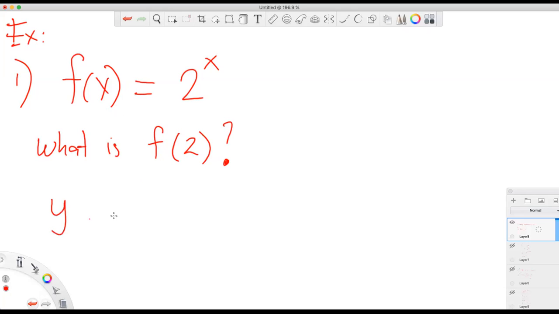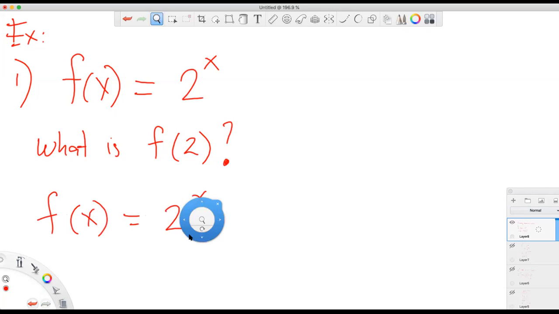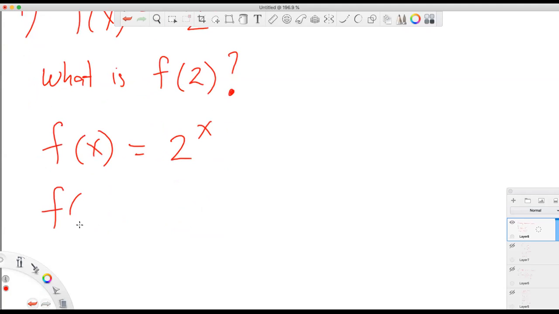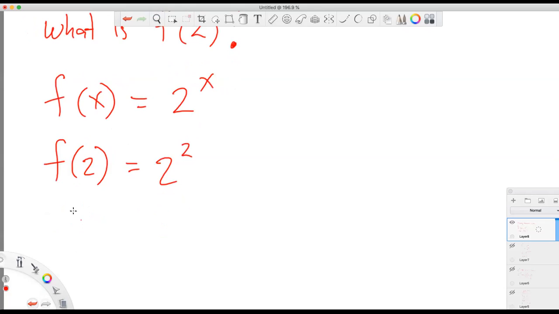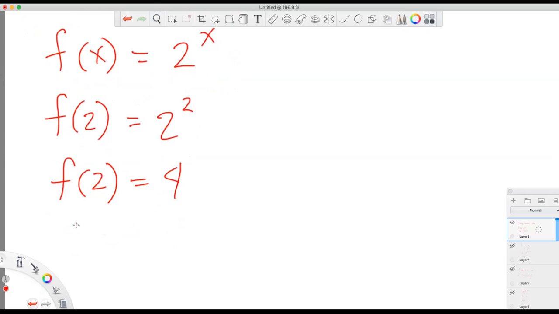That is simply f of x is equal to 2 raised to x, and f of 2 is equal to 2 raised to 2. And f of 2 is equal to 4. Finally, when x is equal to 2, you have y is equal to 4.